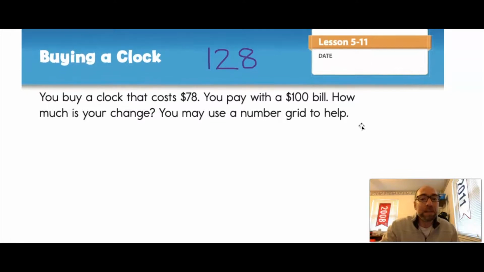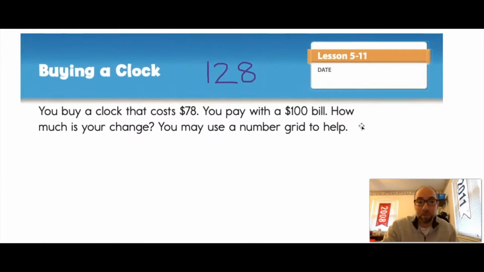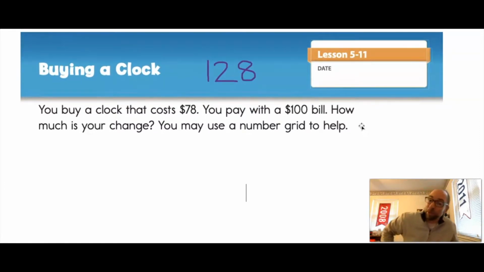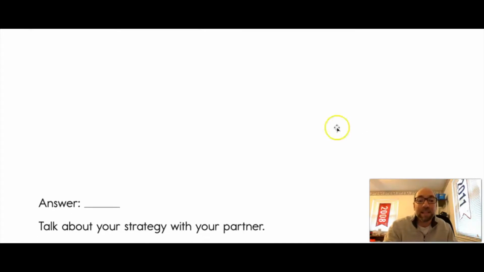You may use a number grid to help. You're going to notice that you have a lot of space to try to solve this problem. Hit the pause button and solve this problem right in your math journal. There is an answer line where you put the money you will get back for the change.